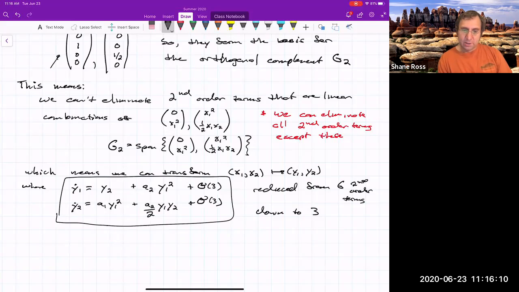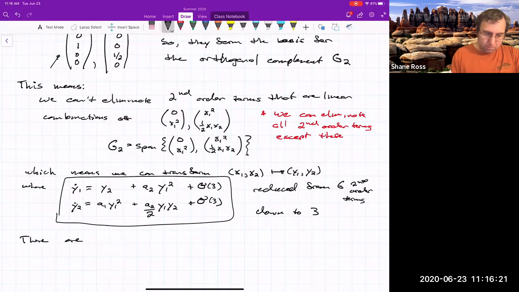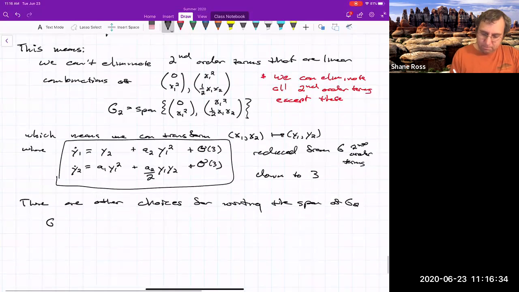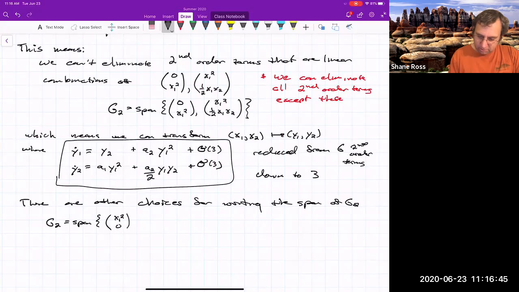I've written one way to write the span of G2, but this isn't the only one. There are other choices for writing the span of G2. We could also make this choice, which would be x1 squared 0, 0, x1 squared.